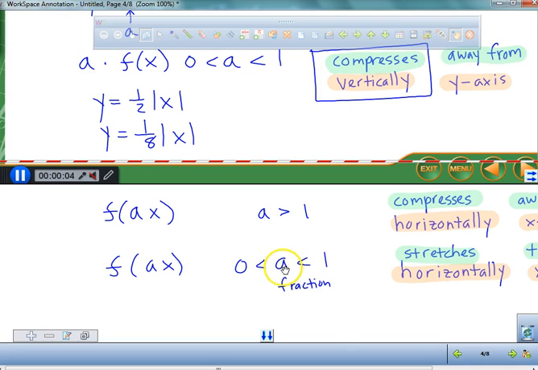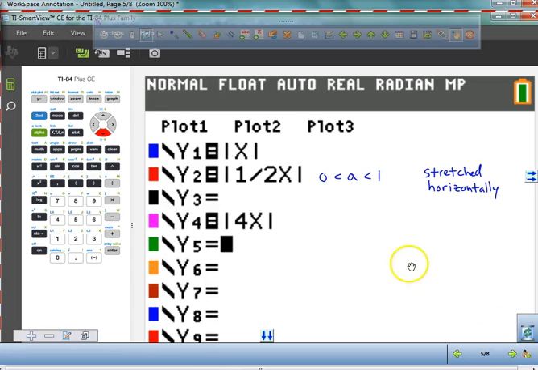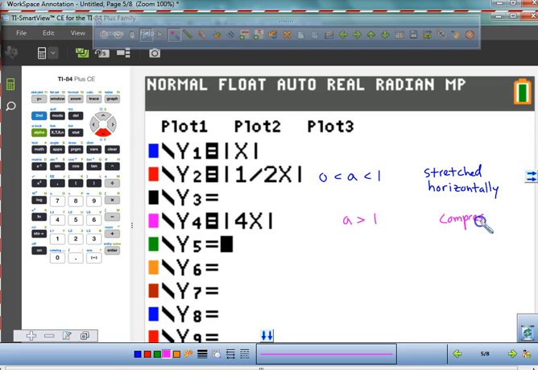So if it's between 0 and 1, we're dealing with stretching. Now what about this one? This a value is greater than 1. It's going to be compressed. You're like, well, that's going to be going closer to the y-axis. But we're going to be calling this going away from the x-axis. We're going to say compressed horizontally.